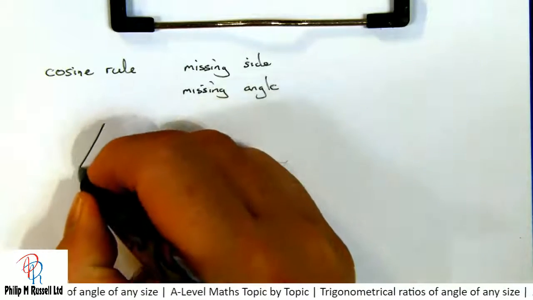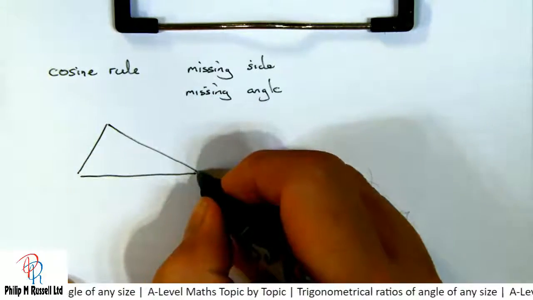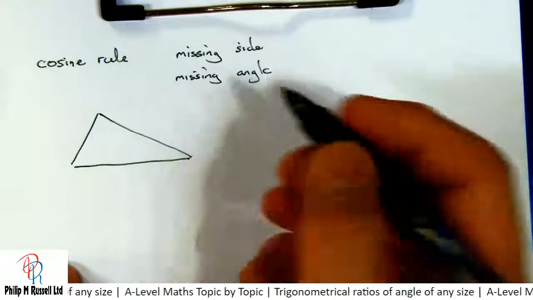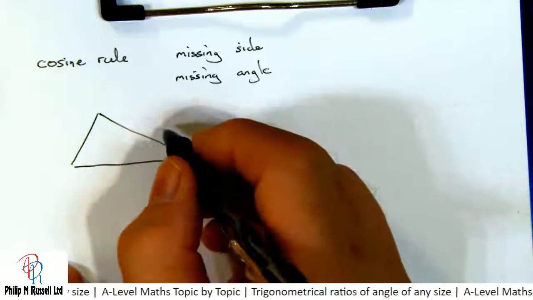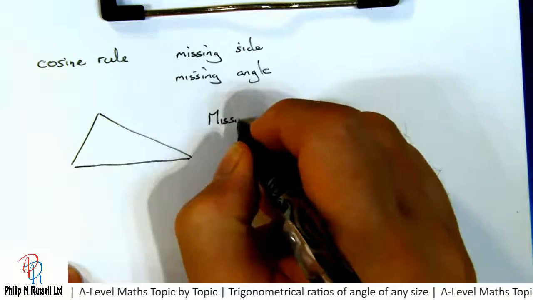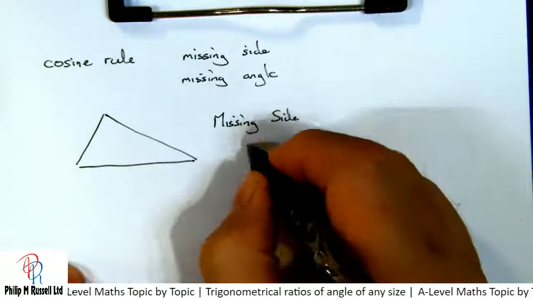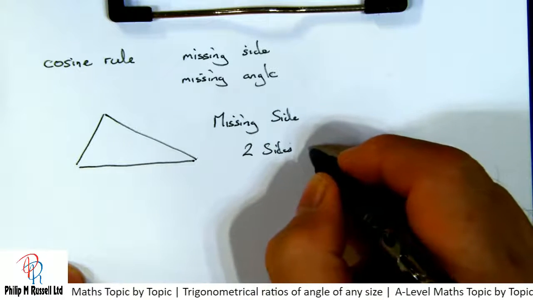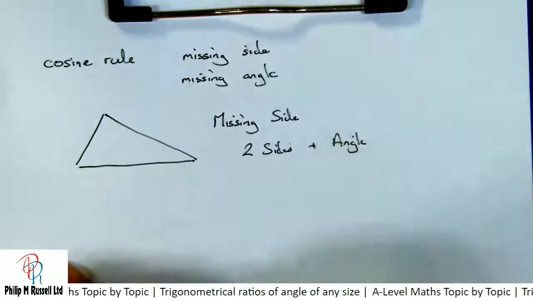So let's have a triangle. And in this triangle, what we want to do is work out a missing side. To have a missing side, what we need is two sides plus an angle. So let's just put these in here.